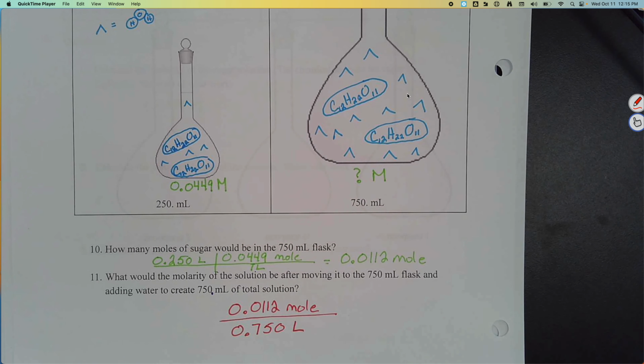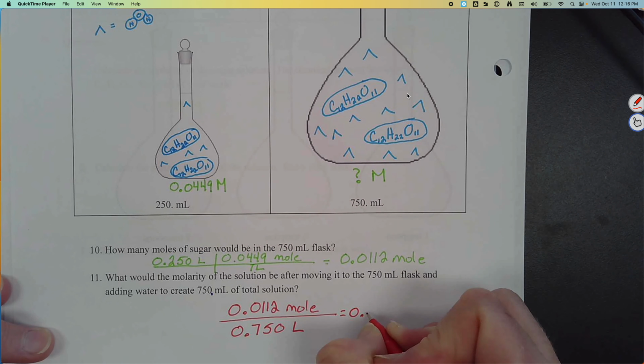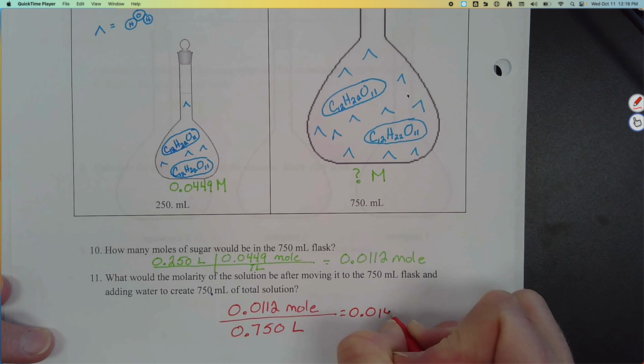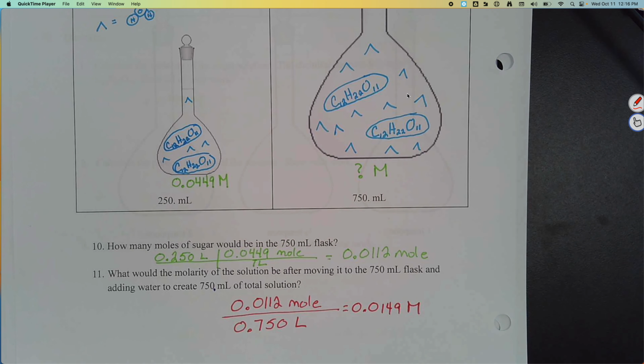We know how many liters we have: 0.0112 divided by 0.750. And so the molarity of our new solution, once we've diluted it, is 0.0149 molarity.